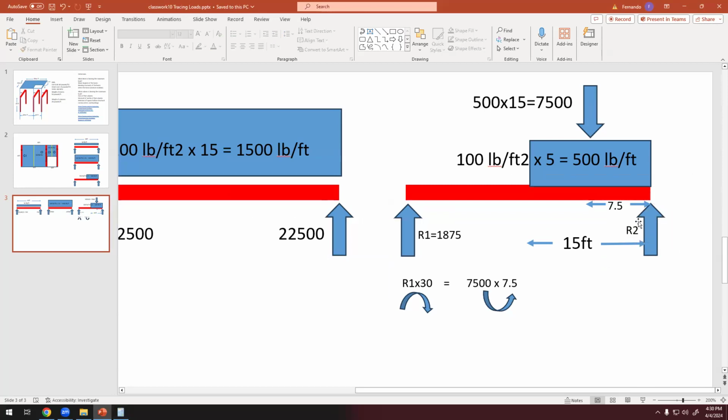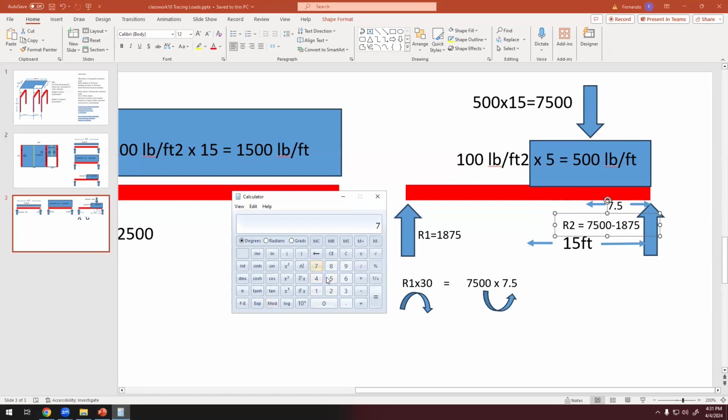And what about R2? R2 is the vertical load, 7,500 minus 1,875. This is R2.